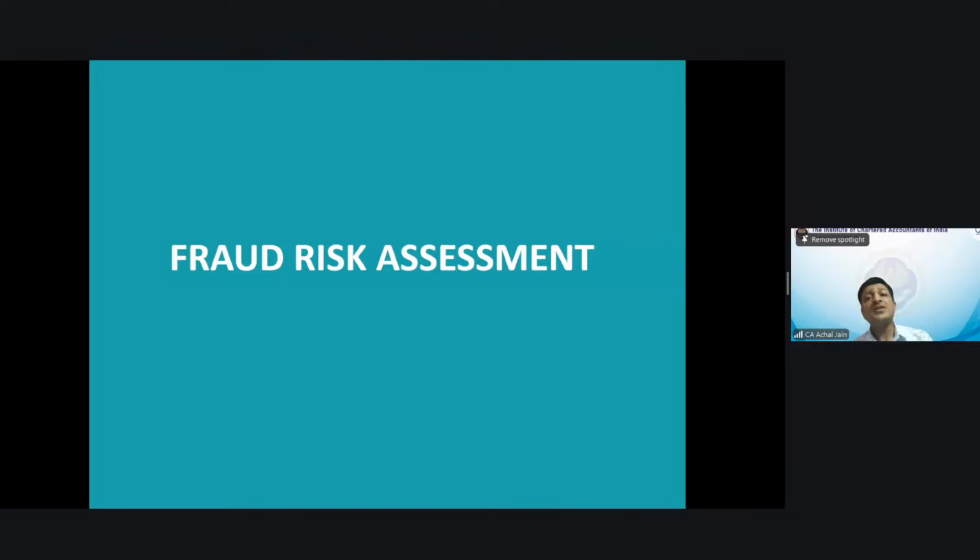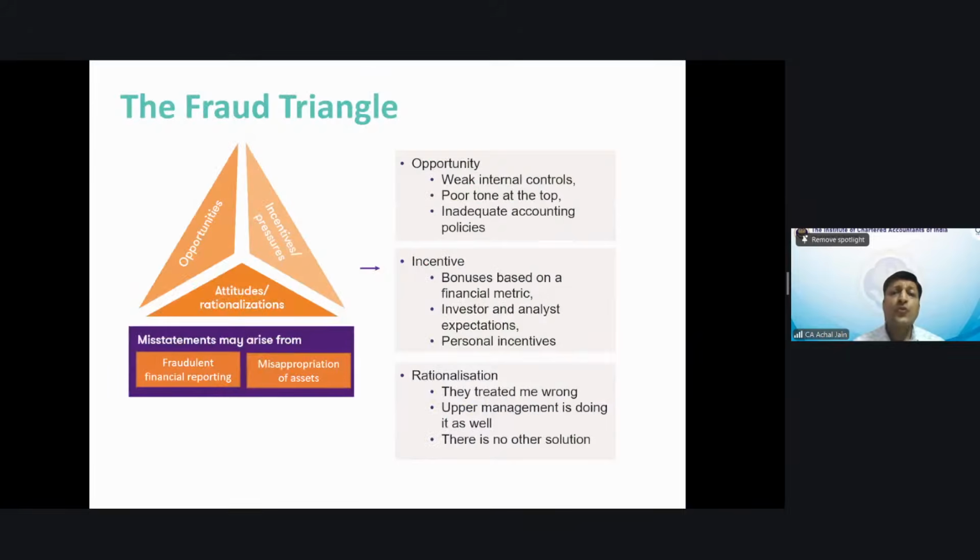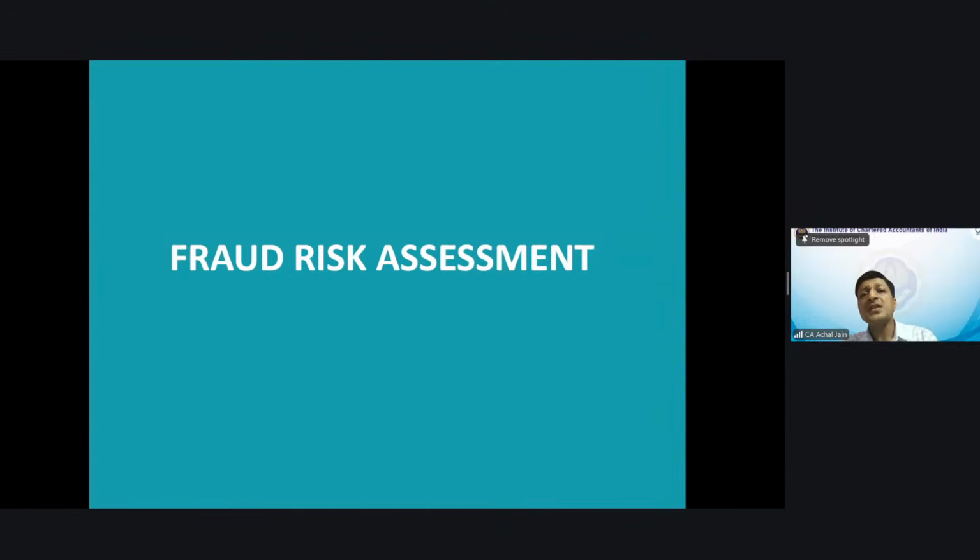If this is required to be considered, when do you do this? In a way, we are talking about the planning stage. Why? Because when it comes to risk assessment, the factors we are considering are those which may lead to fraud, that is, we are going to evaluate the fraud risk.